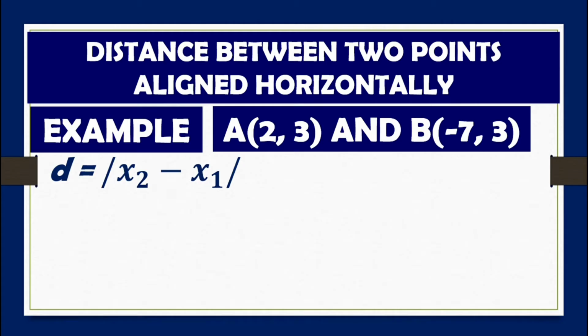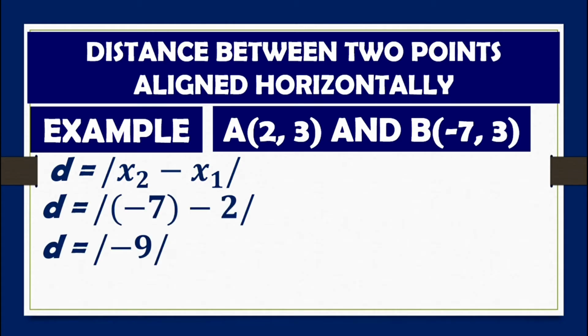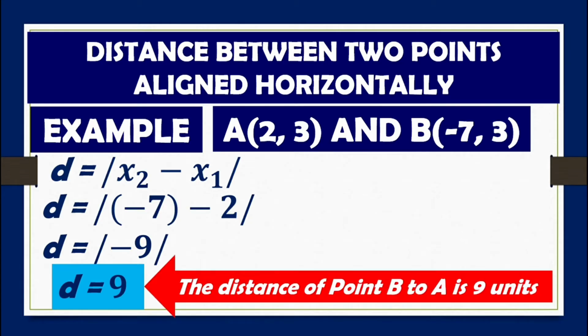By substitution, D is equal to the absolute value of negative 7 minus 2. D is equal to negative 9. This is a result when we combine negative 7 minus 2. And the absolute value of negative 9 is positive 9. Therefore, the distance between point B to A is 9 units.